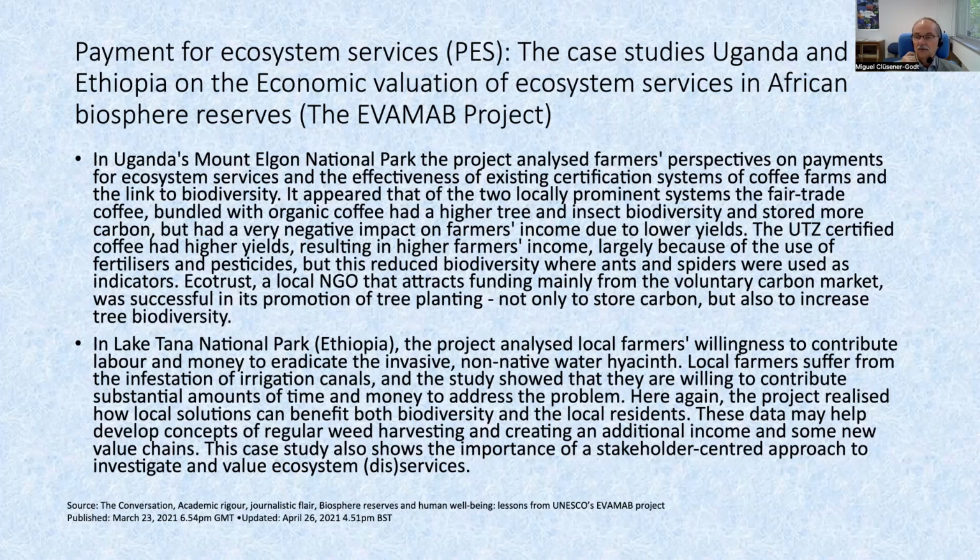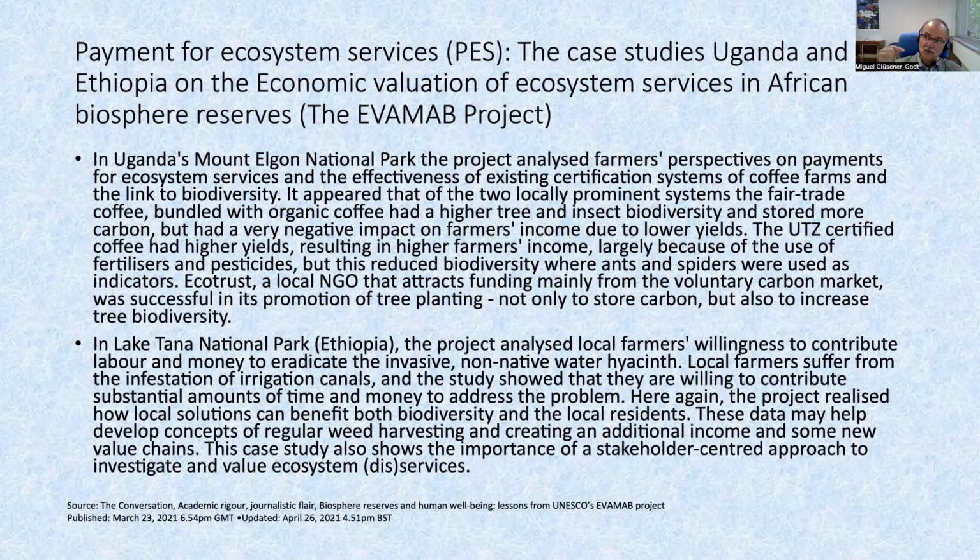For example, coffee farms, there is this UTZ label that helps to produce good quality coffee, no pesticides, protecting thus the biodiversity, higher insect biodiversity, for example, but also having good yields from the coffee by using organic materials. And EcoTrust, for example, came also on board, and to produce this coffee under these conditions, it got the label certified.